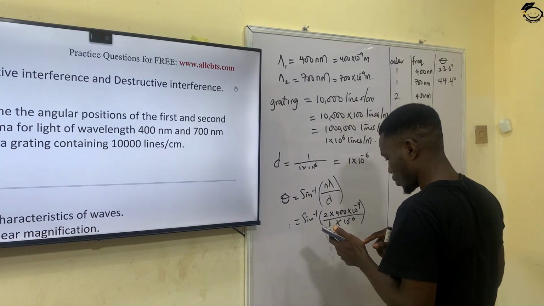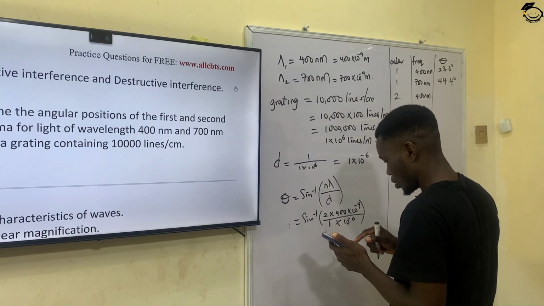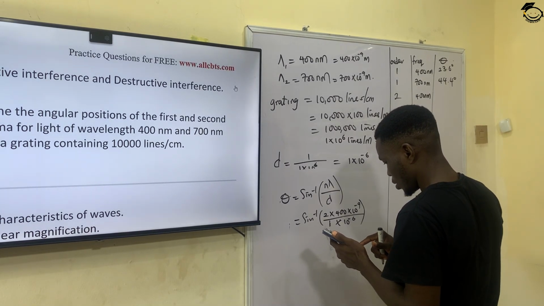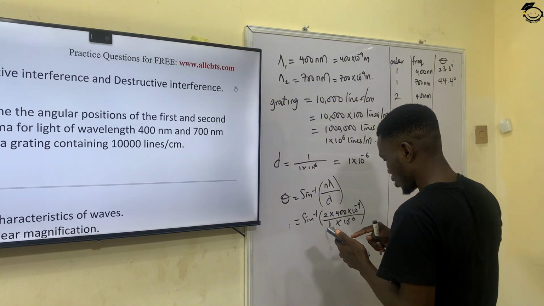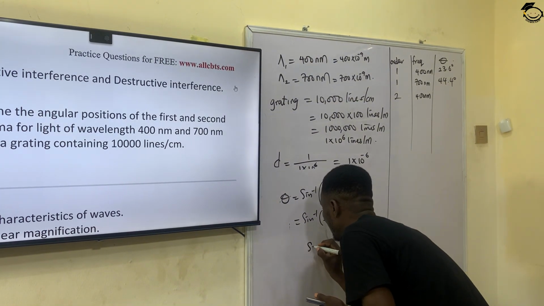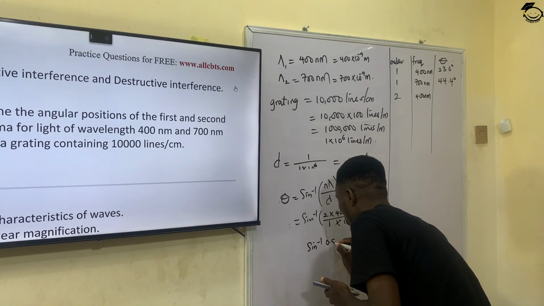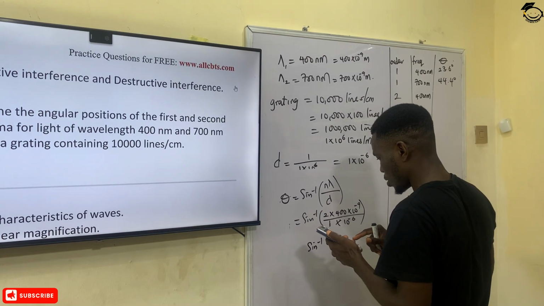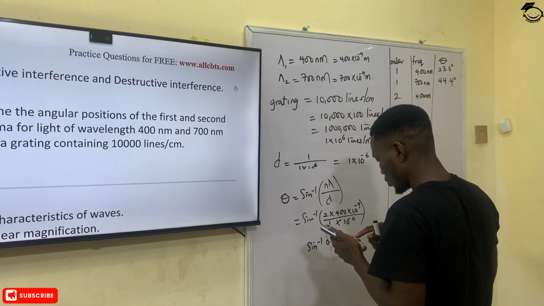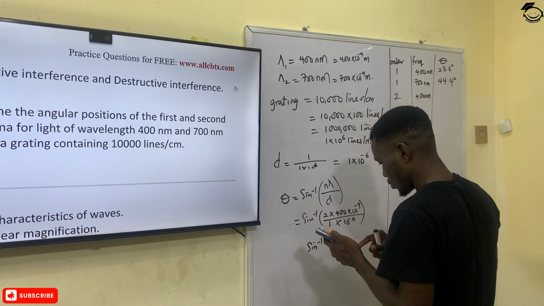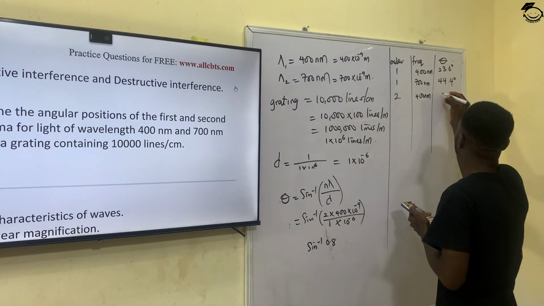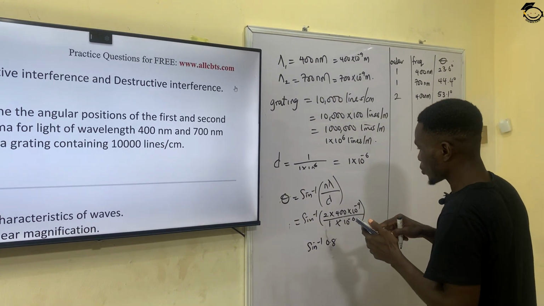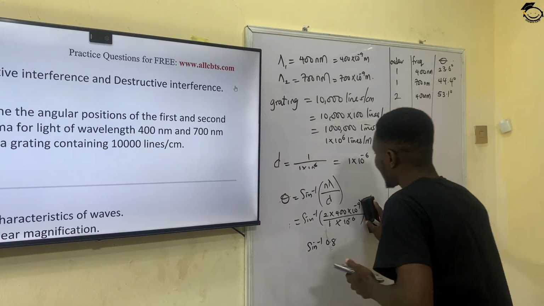So that will give me sine inverse of 0.8. So my sine inverse of 0.8 will give me 53.1 degrees.